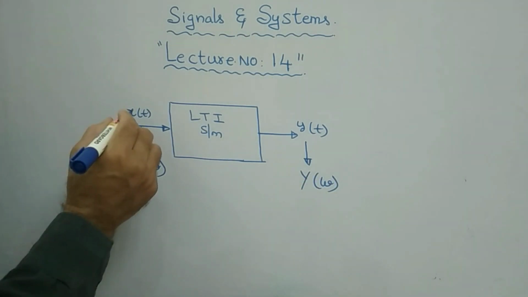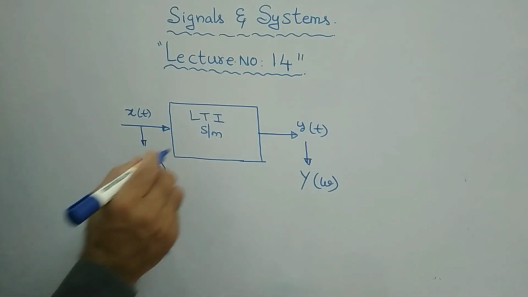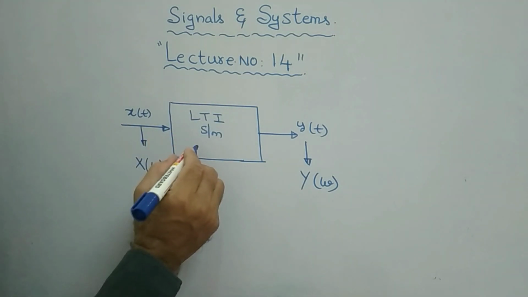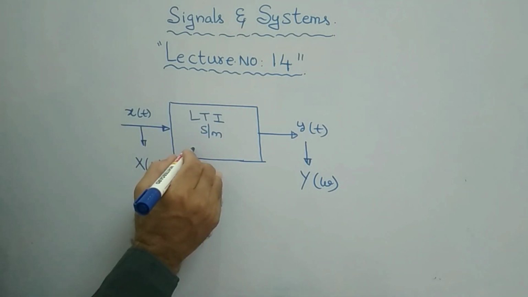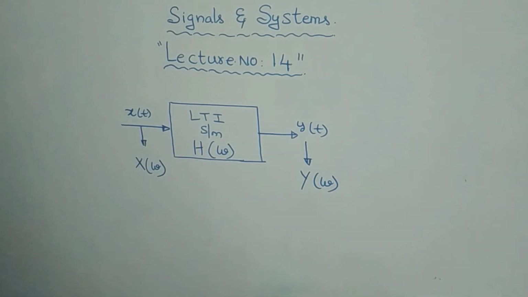If you know the input and outputs in terms of their frequency representations, obviously the system will have the transfer function or system function, that is H of omega. This we have already discussed in our earlier presentations.